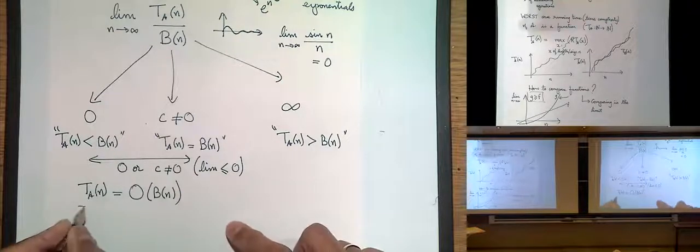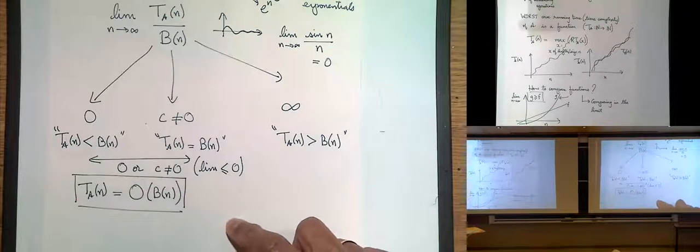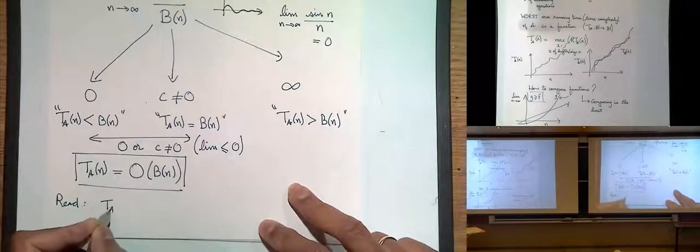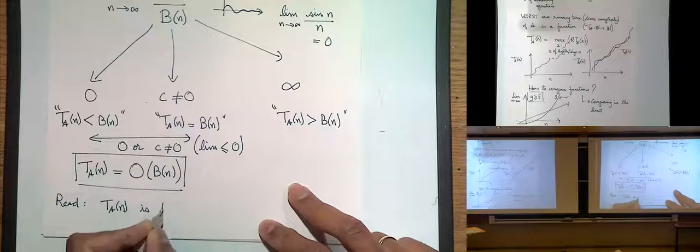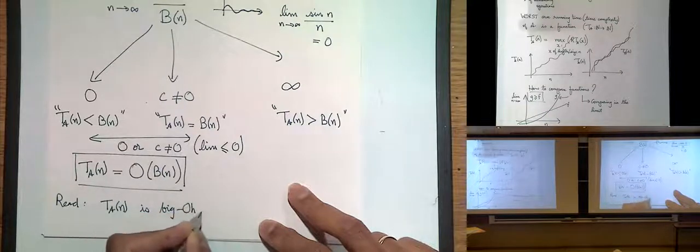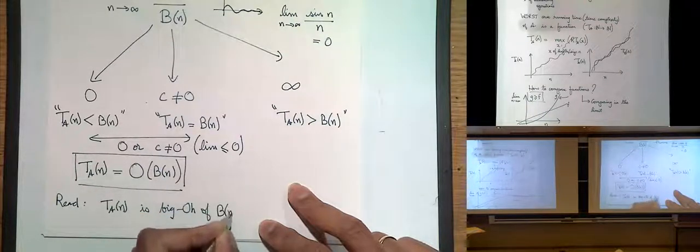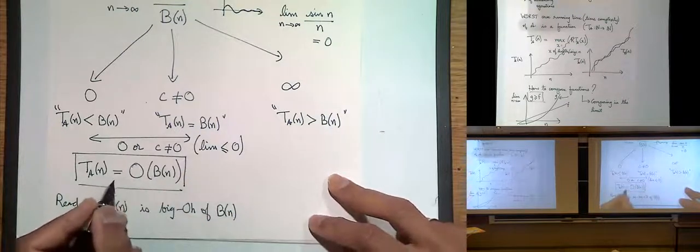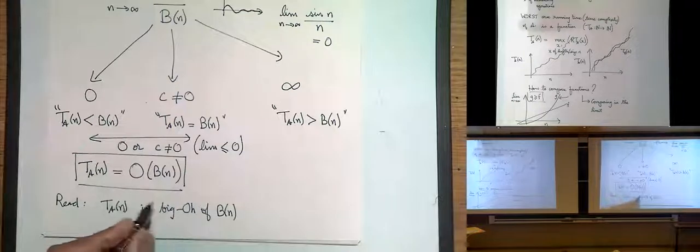Okay? This is how we write this. The way this is read is you say T_A of n is big O of Bn. This is the way you write it.